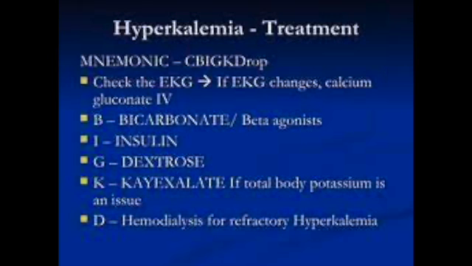I, insulin, as it pushes the potassium into the cell with the glucose. G, glucose itself. K, K-exalate, which really isn't used anymore because it takes 2 to 3 days to work. Drop, which is diuretics and dialysis. Diuretics, Lasix especially, and dialysis, of course. So that's C, big K drop to lower the levels of hyperkalemia.